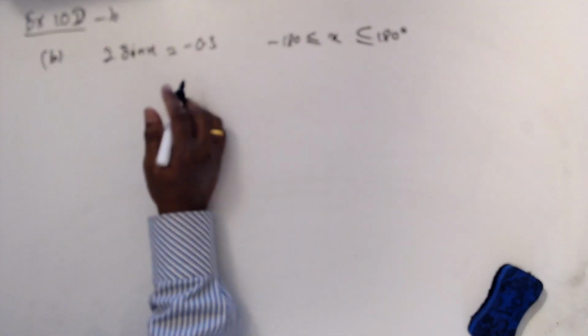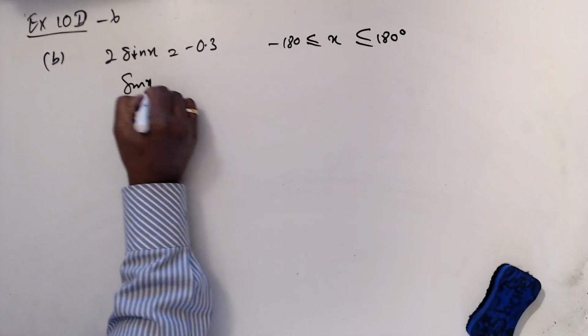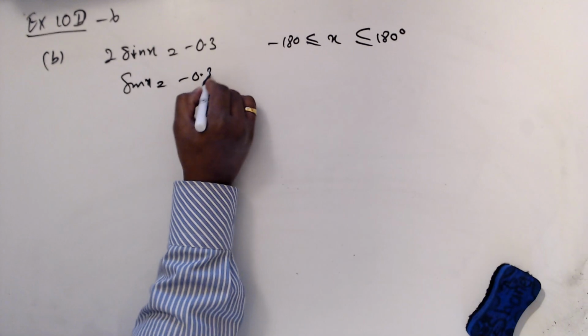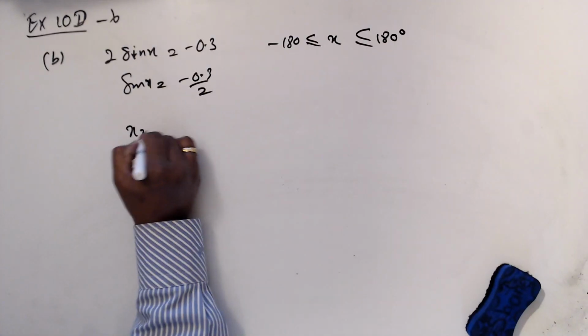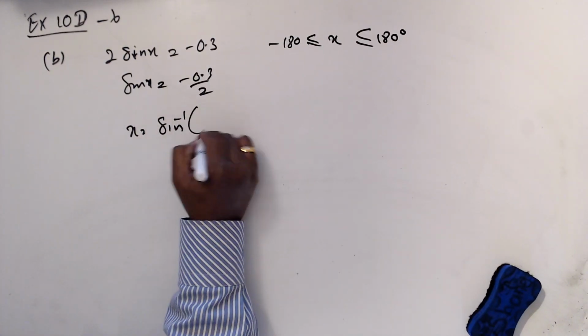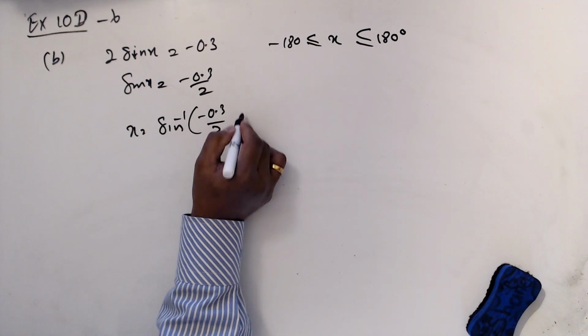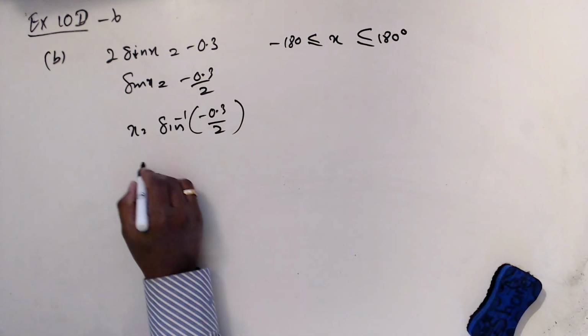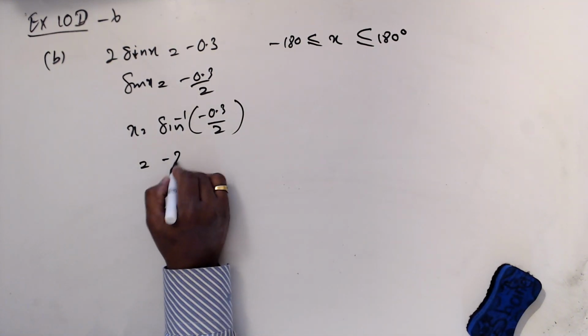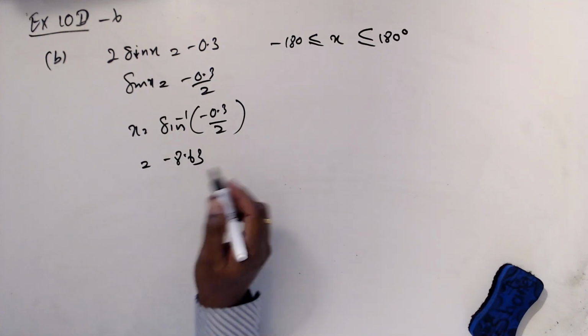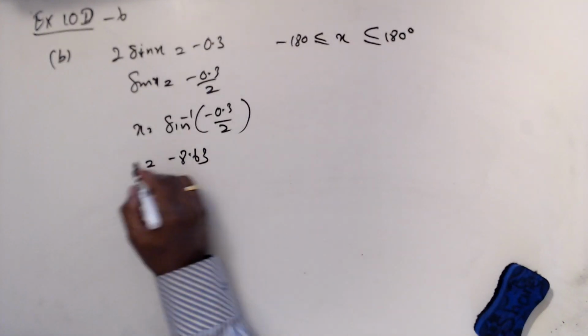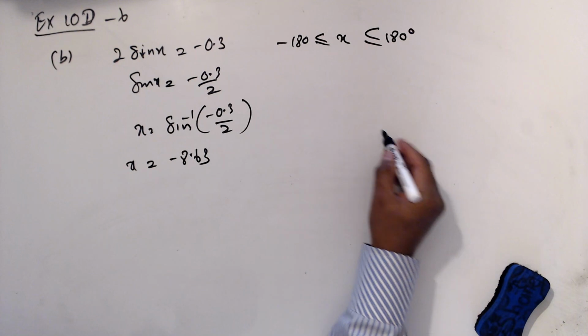Part B, sin x equals this one. So sin x equals 0.3 over 2. x equals sine inverse of minus 0.3 over 2. So the first answer is minus 8.63. Yeah, it is also an acceptable answer. It is within the range.